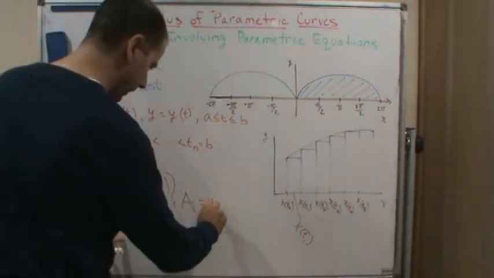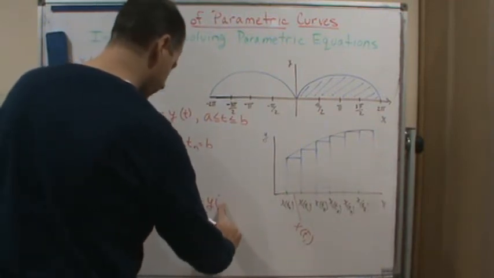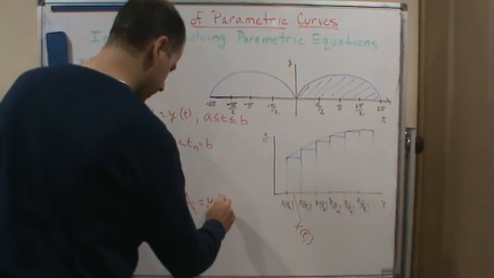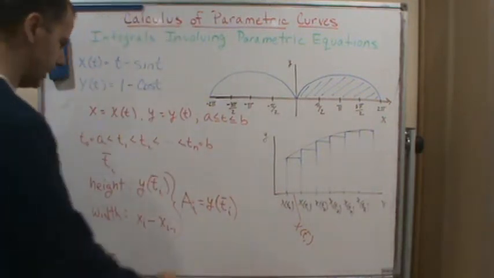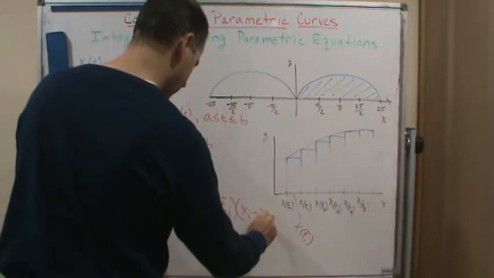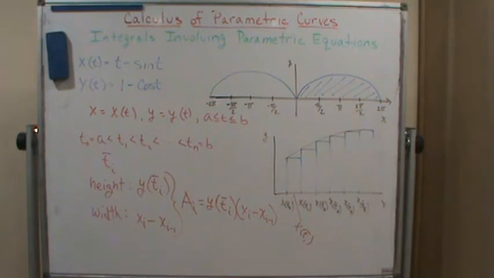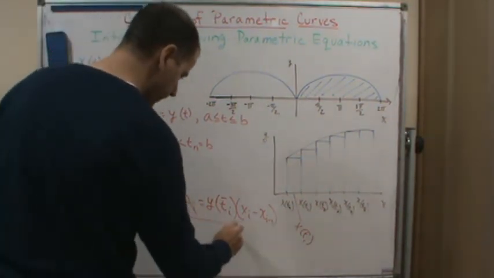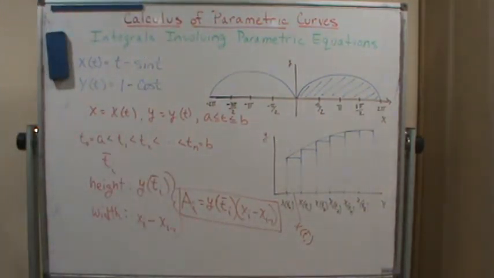So that's going to be y of t bar sub i times x sub i minus x sub i minus 1. This represents the area for one of the rectangles.